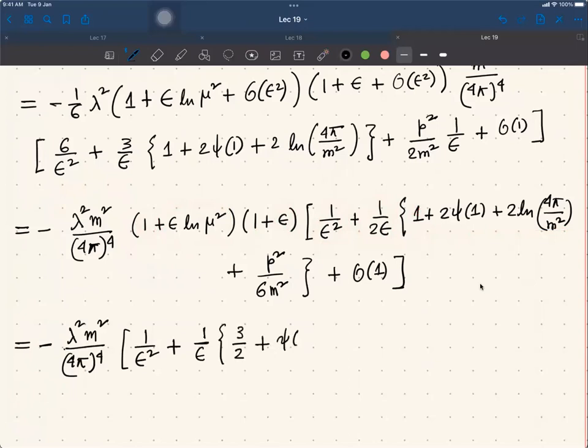Then this ψ1 factor 2 cancels with this. Similarly, for this one, 2 cancels with this. This is log 4π by m square. And the 1 over epsilon square gives you a log μ square, so that combines with this term. These two terms combine, and it will give you log 4π μ square over m square.